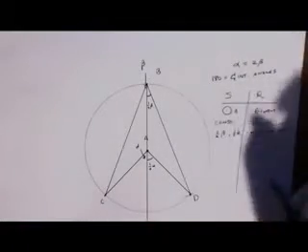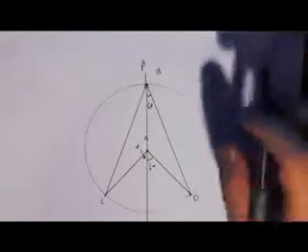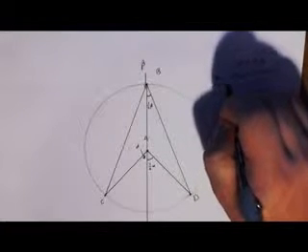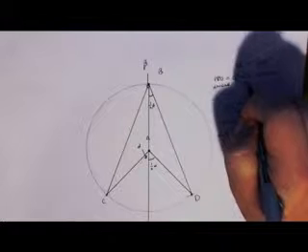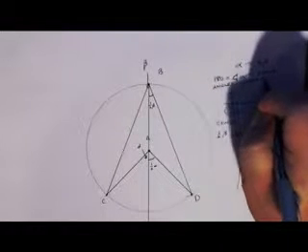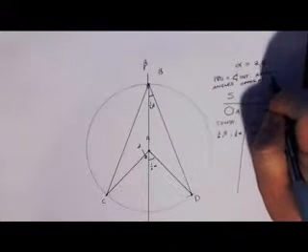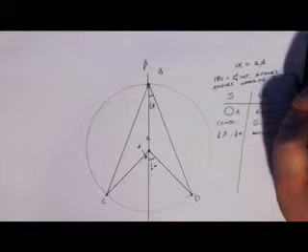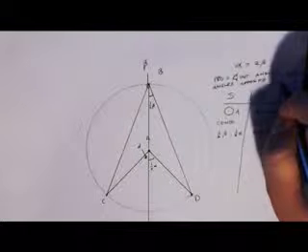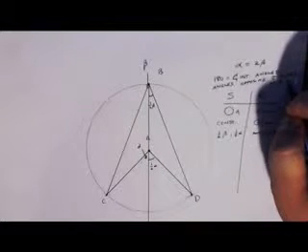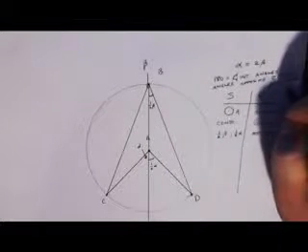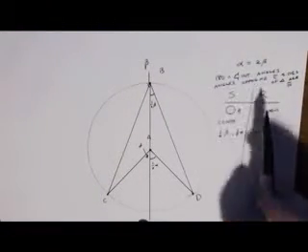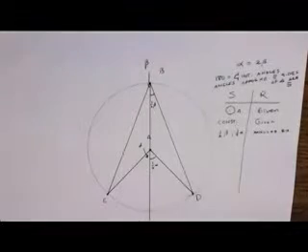We're also going to use another one which says that the angles opposite congruent sides of triangles are themselves congruent. This is the isosceles triangle theorem.